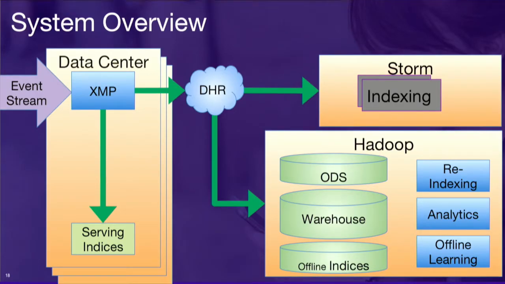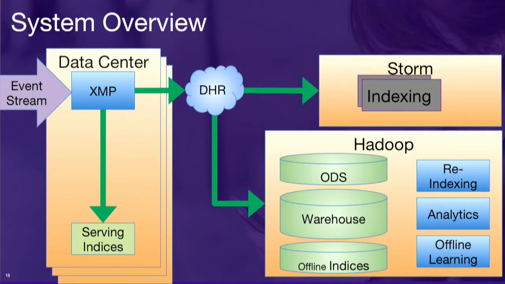So we are back to the system overview again, but this time with a little more data. On the left, what you see is on each of these data centers, we have an event stream flowing in. And there's a subsystem called XMP, which is consuming these events in real time and doing some lightweight indexing. The output of that indexing is going into serving indices over there.